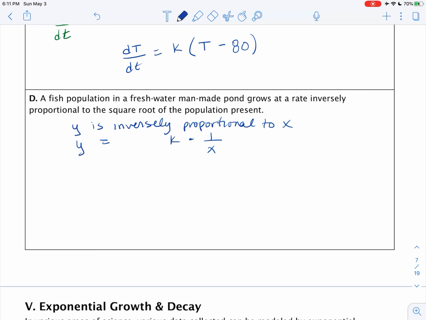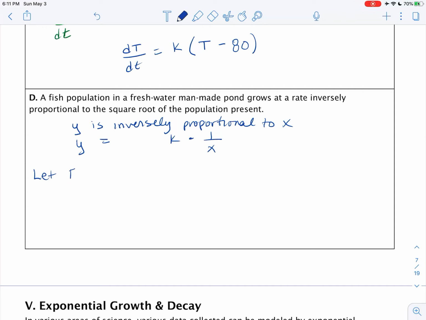So here, let's call big F the population of fish at time t.